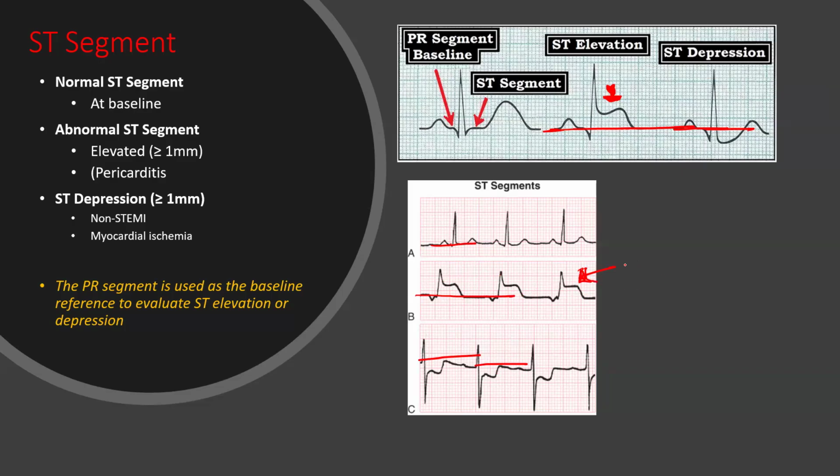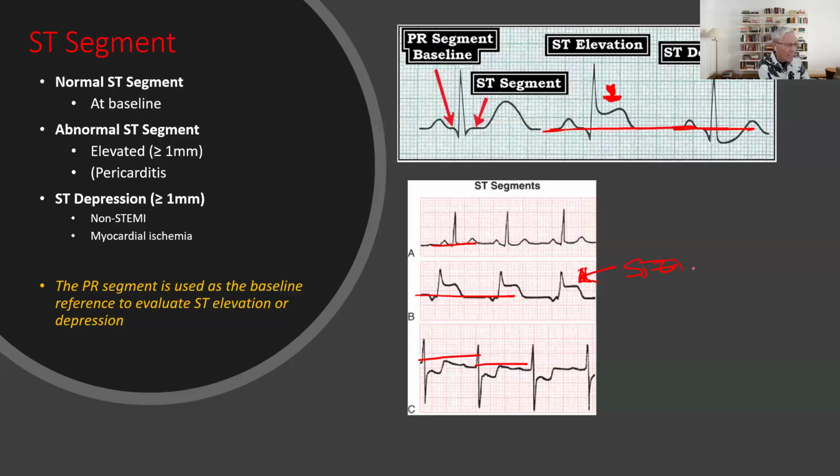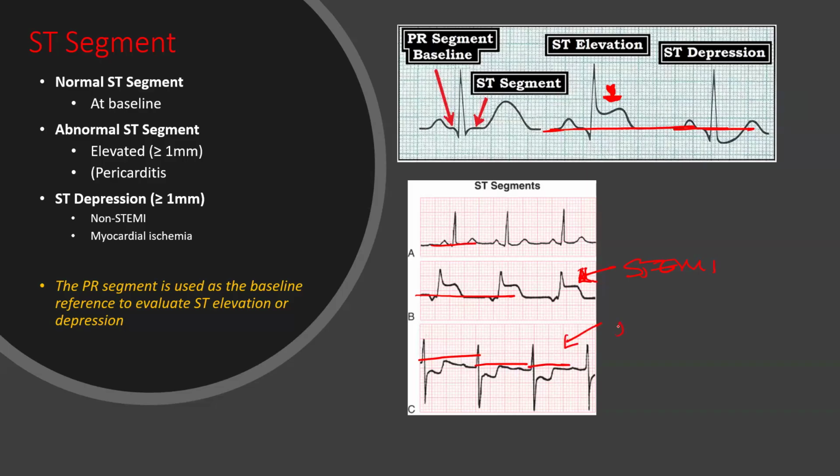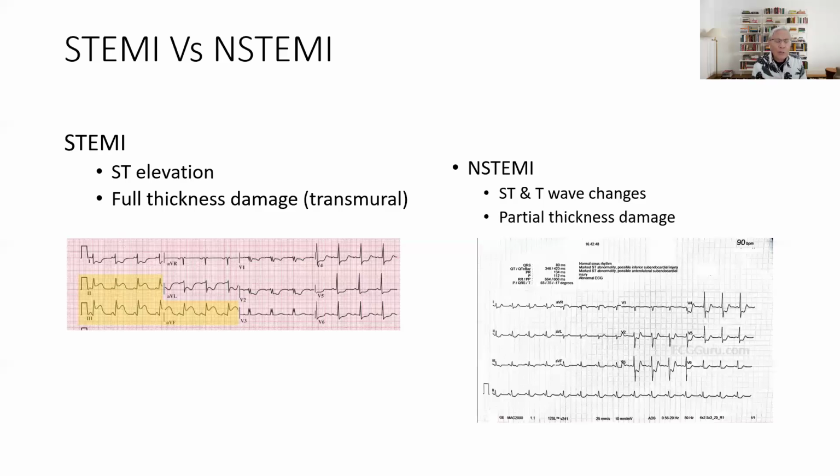A STEMI. ST elevation MI. And over here, what would be your diagnosis? Ischemia. Okay. So it also is going to be a manifestation of non-STEMI. All right. Which leads us to a discussion of what in the hell is this STEMI and non-STEMI? Okay.